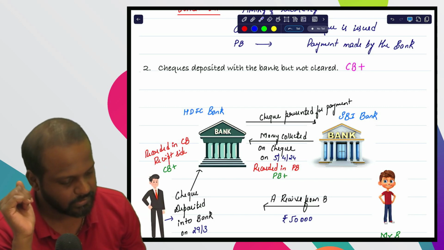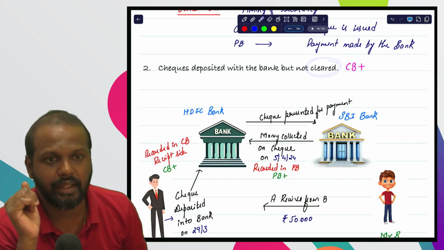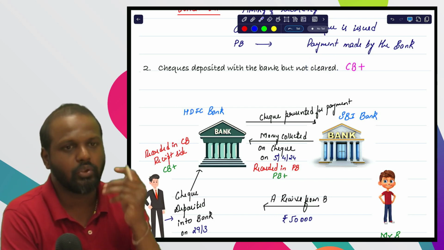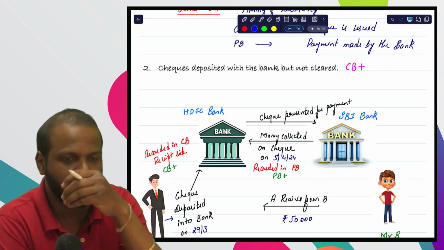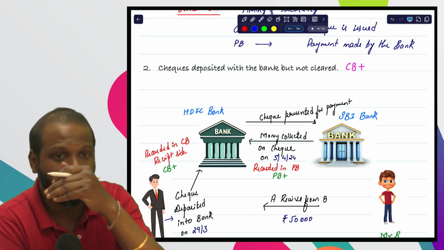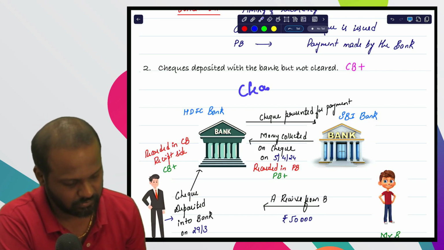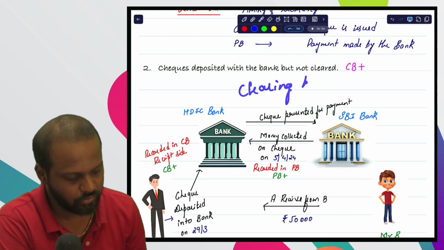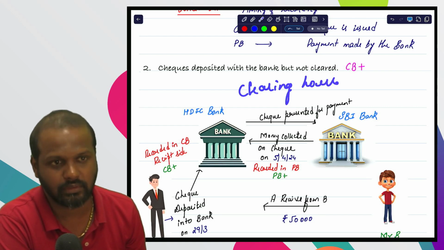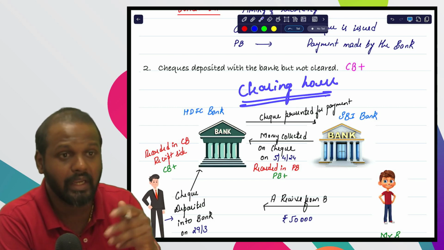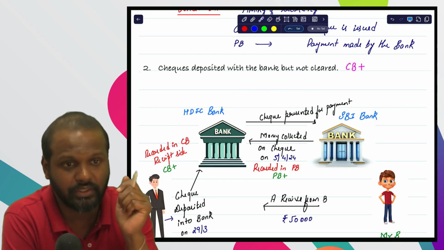Okay. Now understand why they use this word called cleared. Actually, once I deposit the check into my bank account, my bank will send this check to the clearing house. My bank will send this check to which one? Clearing house. To clear the check, to receive the money on that particular check.